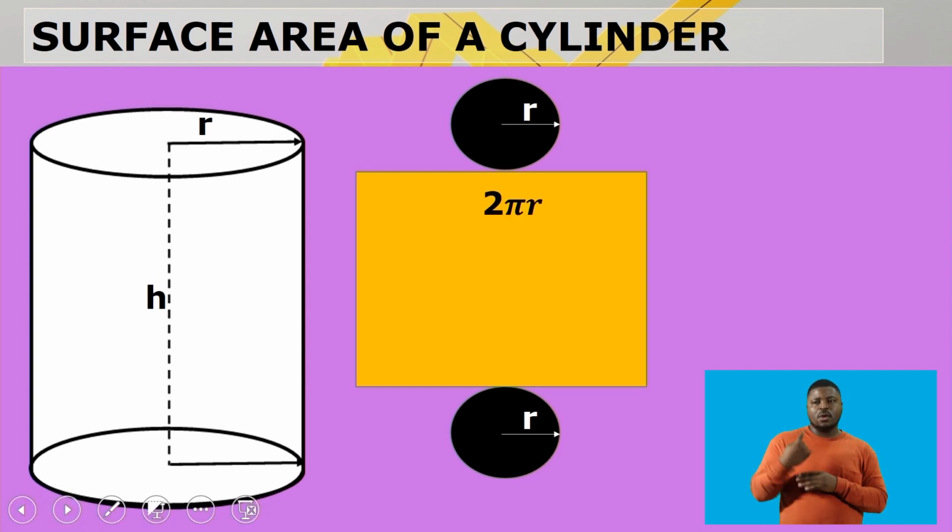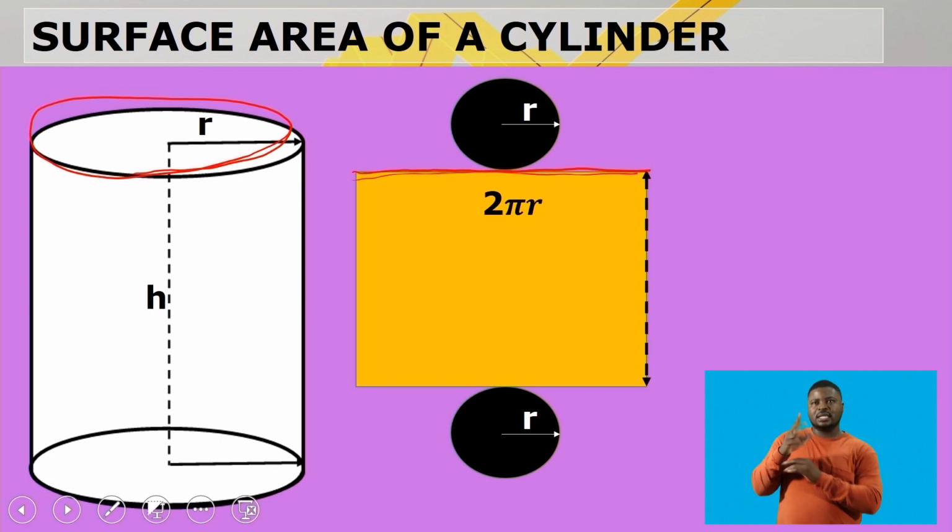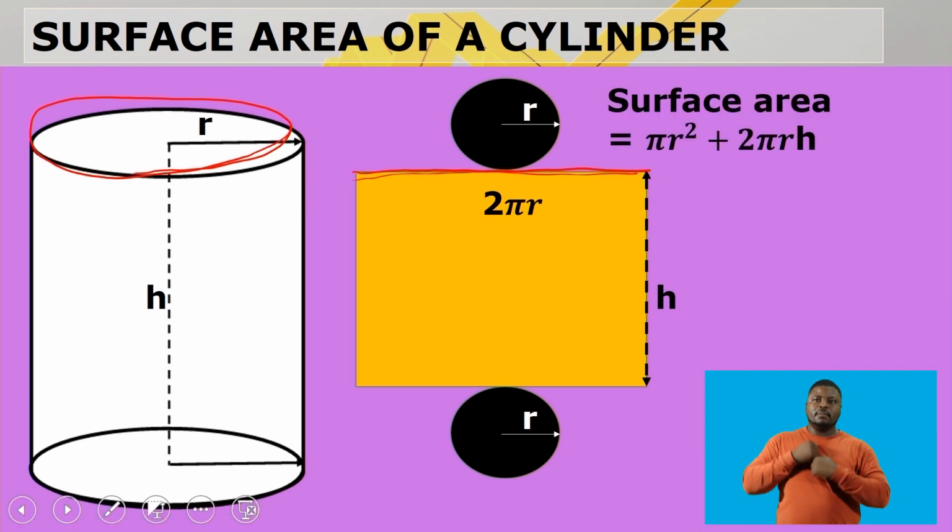So the length of the rectangle is the same as the circumference of the circle. So when we fold it over, that will then be 2 pi radius, and then the height is going to be given. So therefore, my formula is going to be the surface area is pi radius squared plus 2 pi radius times the height.